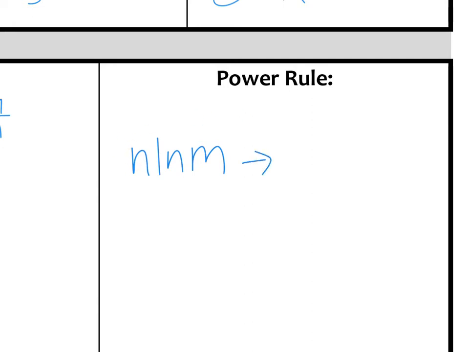So this would turn into natural log of m to the power of n. Probably should have written that natural log a little smaller so it doesn't look like they're all crowded together.